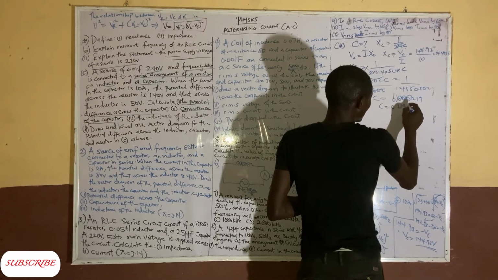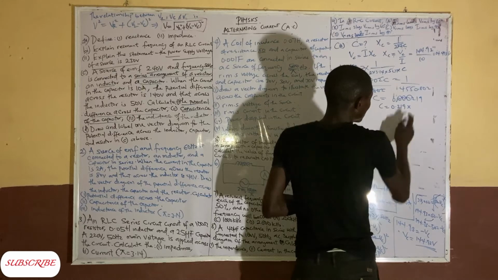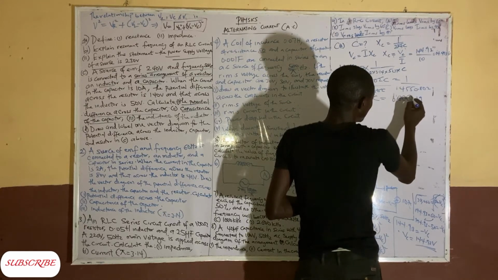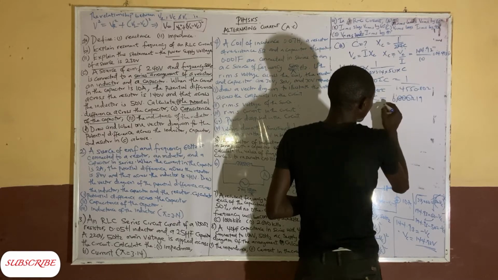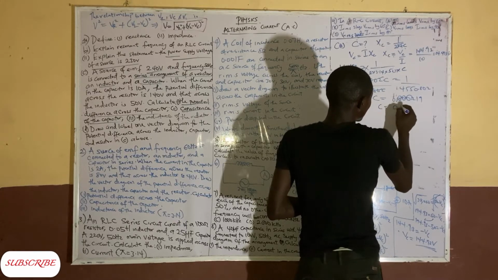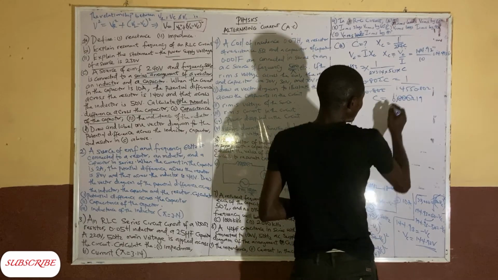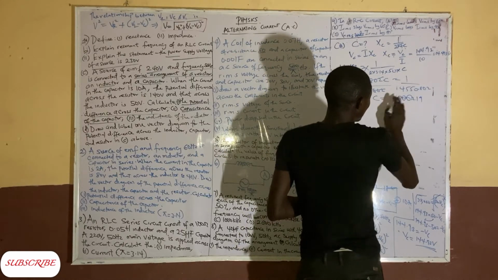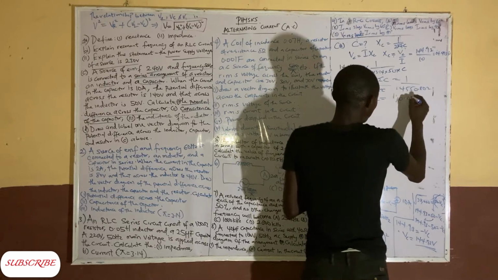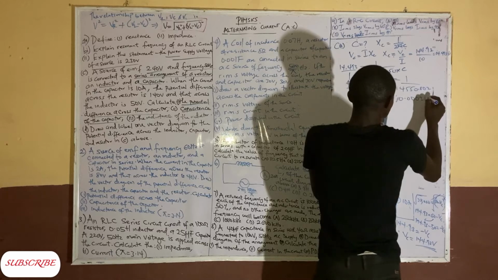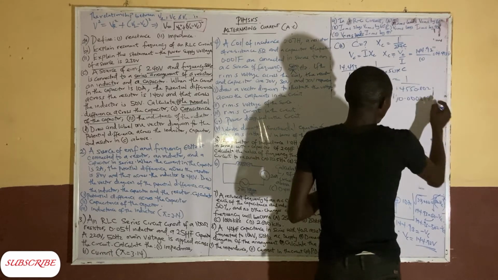So I'm having C equal to 0.219 multiplied by, or let me make it in standard form. 1, 2, 3. So C is equal to 0.0000219, and so on and so forth.